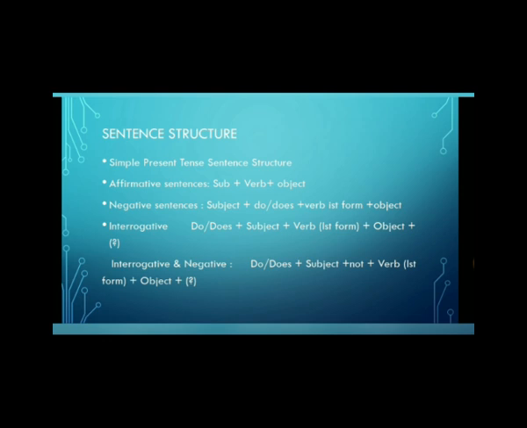In interrogative sentences, do or does, like a helping verb, comes in the front, plus subject plus first form of verb plus object and question mark. Interrogative and negative sentences: do or does plus subject plus not plus first form of verb plus object and question mark.